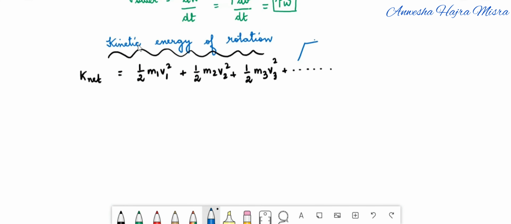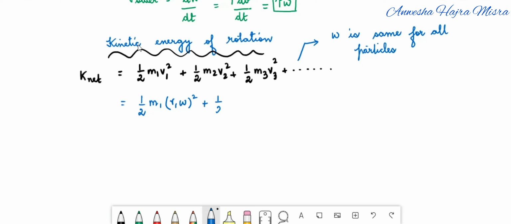Now we know a very important point of rotational motion is omega is same for all particles. So this can be written as half m1, v1 is r1 omega, v2 is r2 omega, and so on.